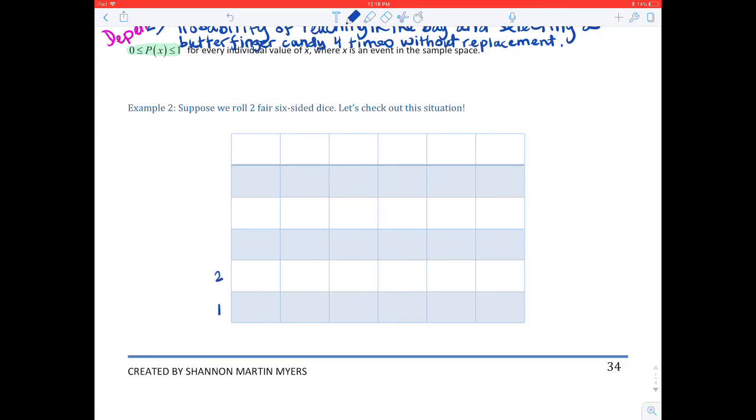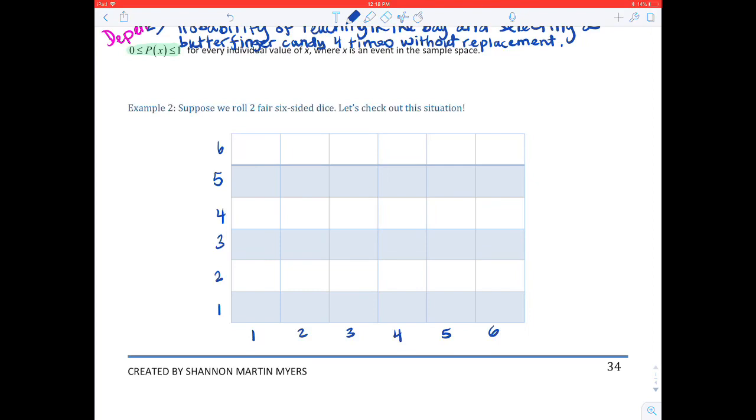So on the first die, you could roll a 1, a 2, a 3, a 4, a 5, or a 6. And the same with the second one. Each roll of the dice is going to be independent, right? So we can use the general multiplication rule without having to worry about changing probabilities.